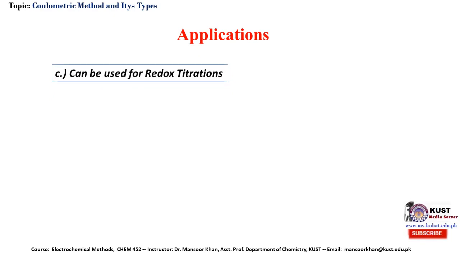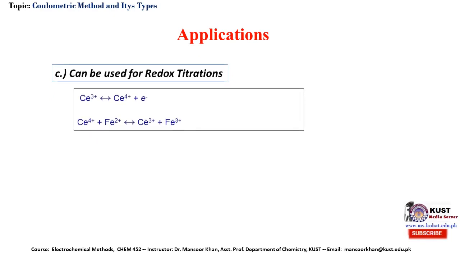It can also be used for redox titration. In redox titration, reduction and oxidation take place. Here cerium plus 3 goes to cerium plus 4 by the release of an electron, so the process is oxidation, while cerium plus 3 is a reducing agent.